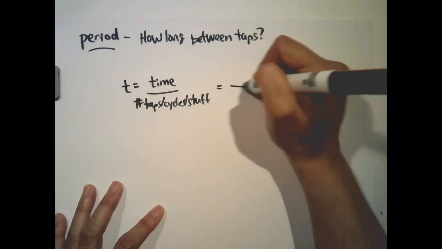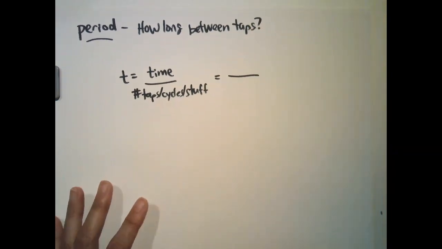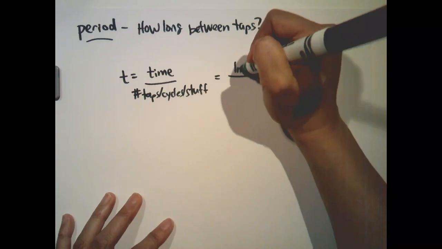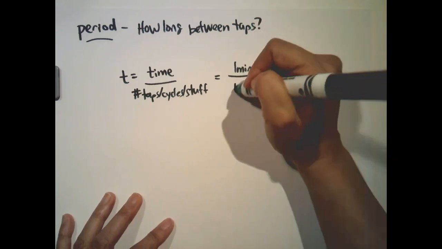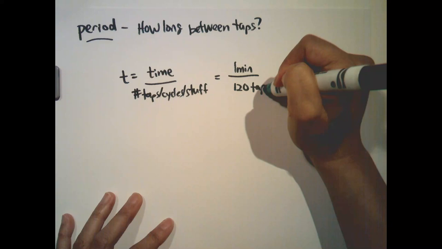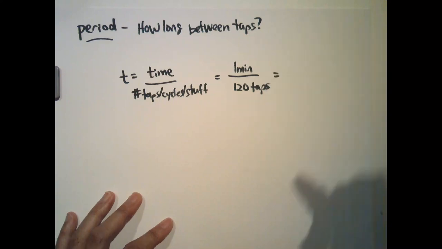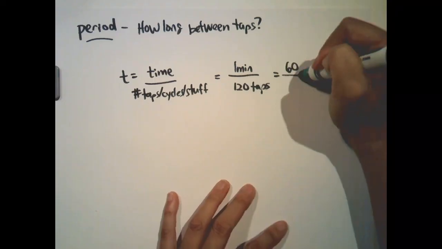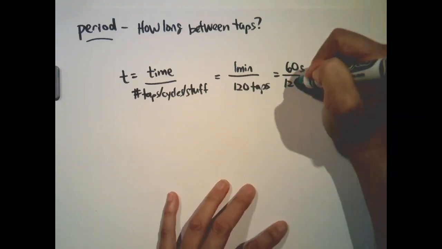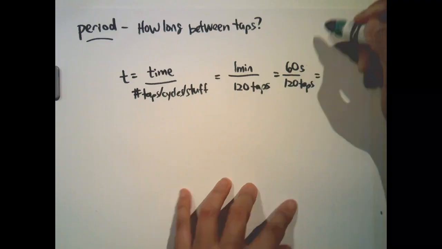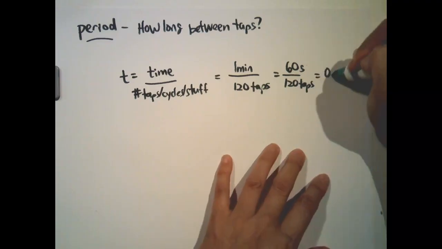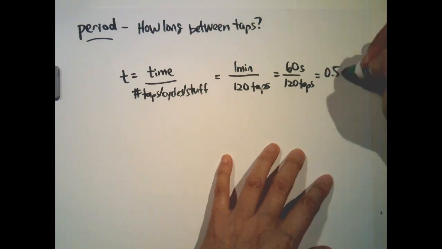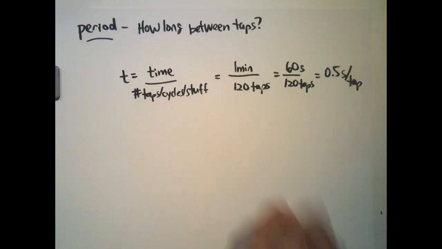So in our example here, the time, let's say 1 minute, and the number of taps is 120 taps. Let's actually convert it to seconds. So we have 60 seconds, 120 taps. That means it is going to be 0.5 seconds per tap.